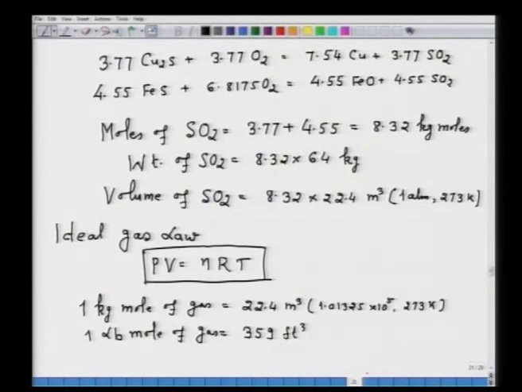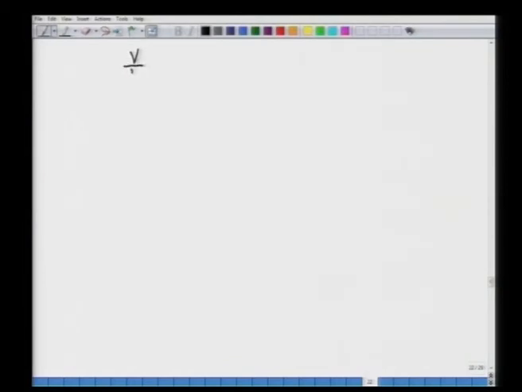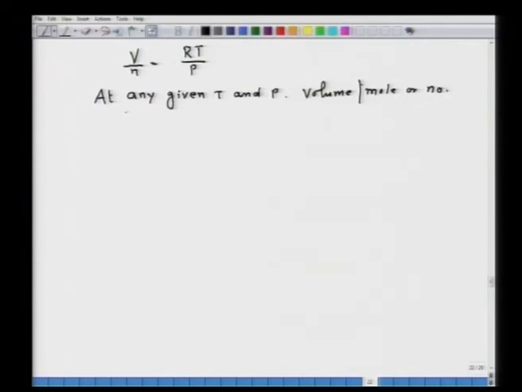Now, from here we can also write V upon n equal to RT upon P, and this means that at any given temperature and pressure, the volume per mole, or the number of moles in a given volume, is the same.